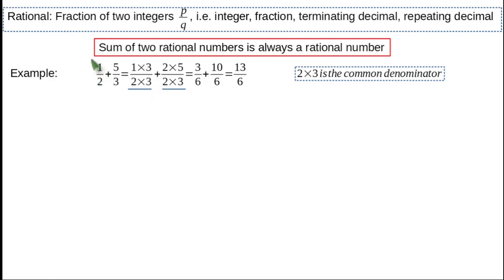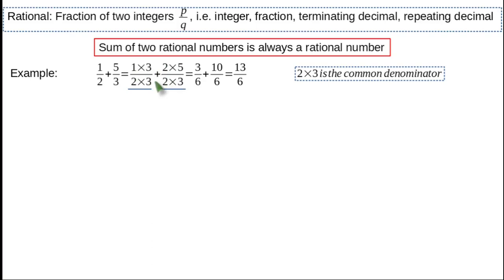The first fraction, I multiply by 3 on its numerator and denominator. So the first fraction becomes 1 times 3 over 2 times 3. The second fraction, I need to multiply by 2. So the second fraction becomes 2 times 5 over 2 times 3.